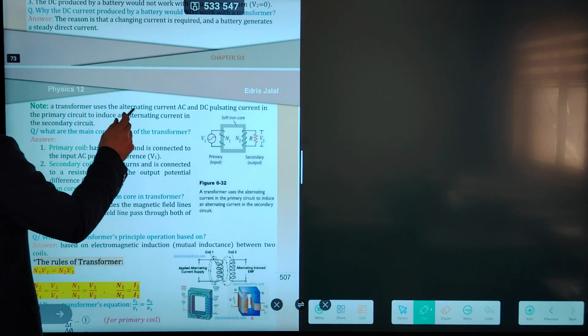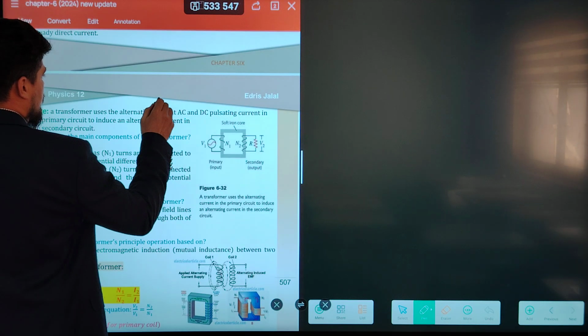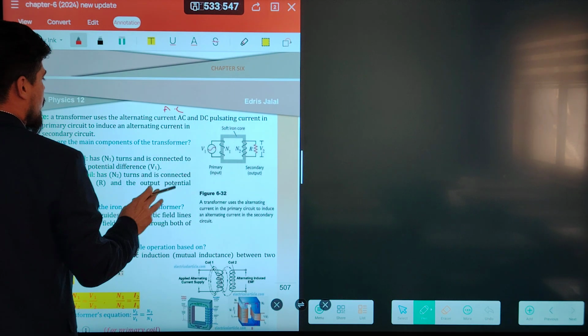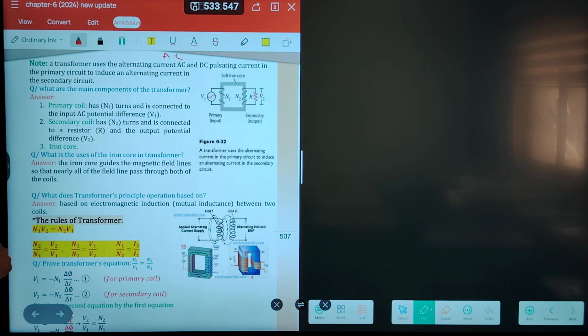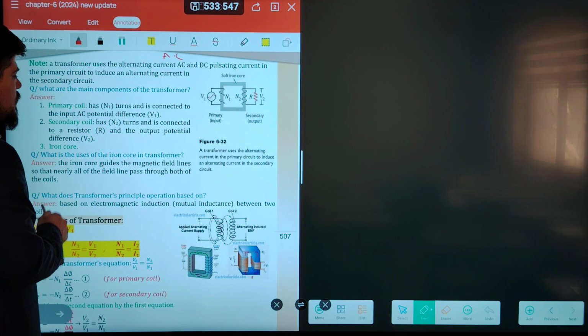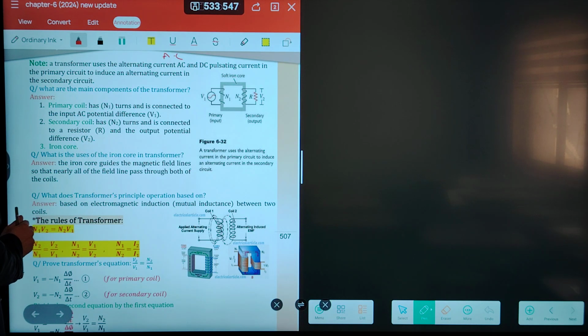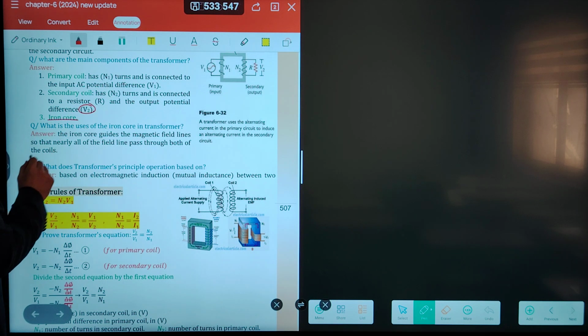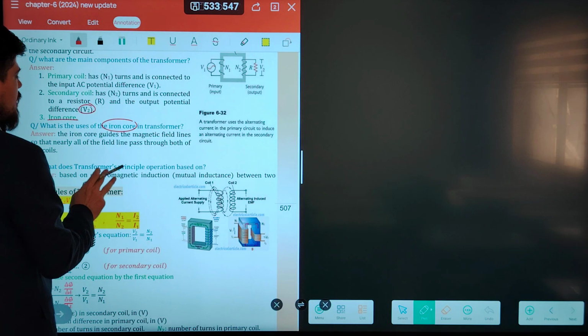A transformer uses alternating current only, AC and pulsating DC. What are the main components of a transformer? Primary coil N1, connected with V1, secondary coil N2, which is connected with the resistance and V2, and the iron core. What is the advantage of the iron core?